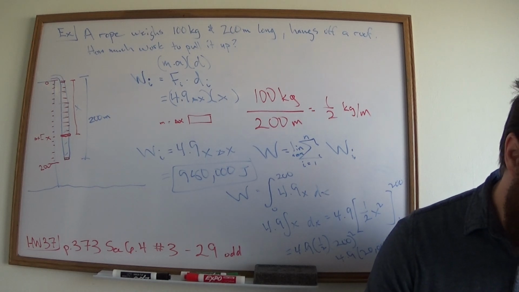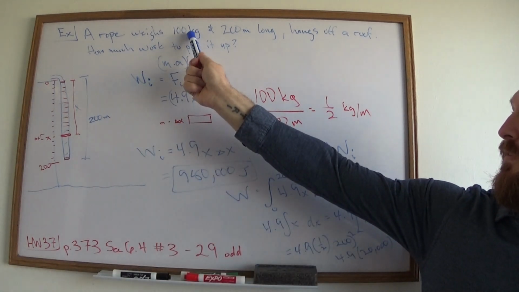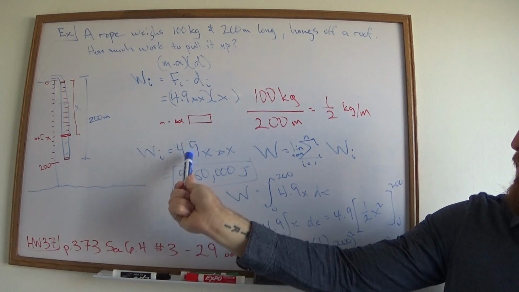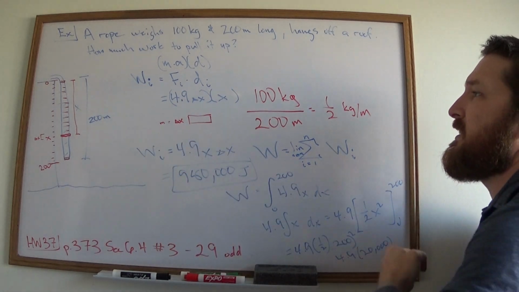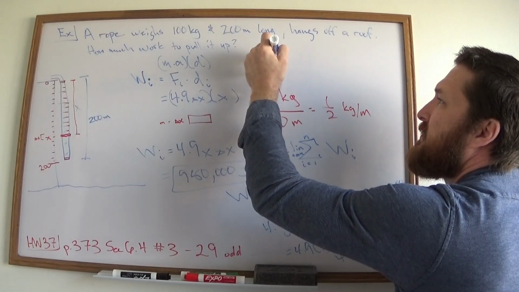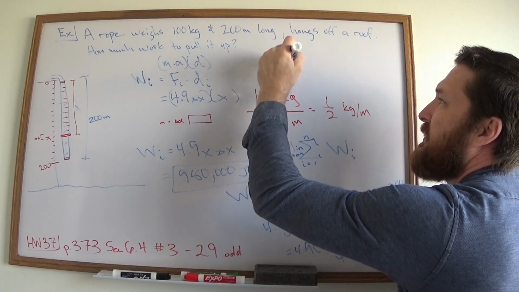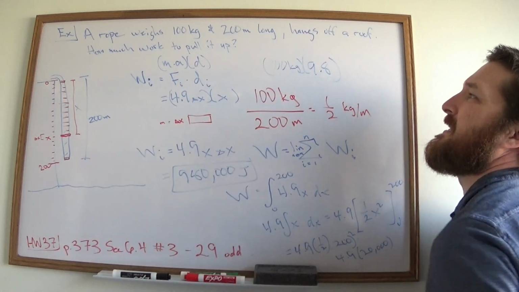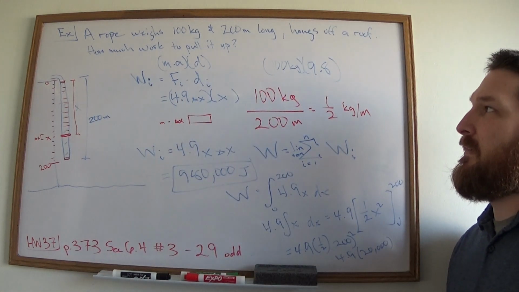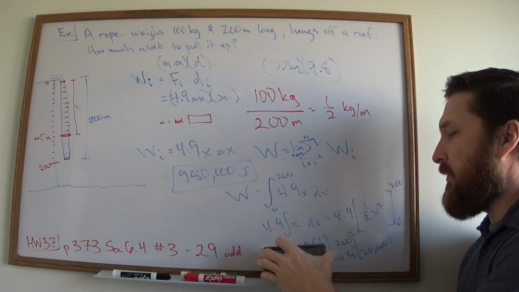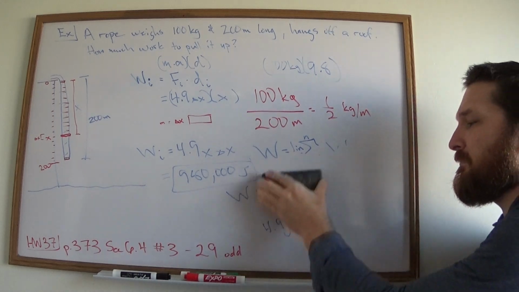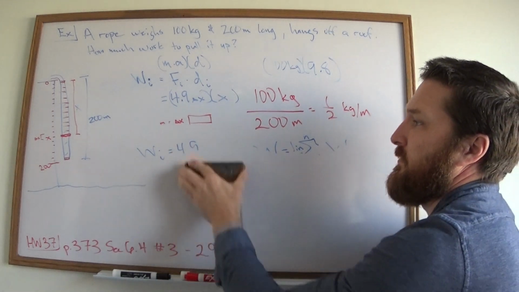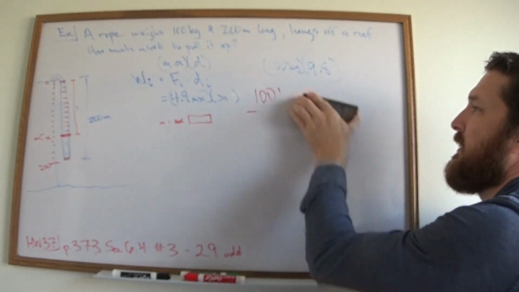Just want to say one more time that if this were pounds, we would not need to do this 100 kilograms times 9.8. I went ahead and erased it. We would not need to do that, because a pound itself is a measure of force.